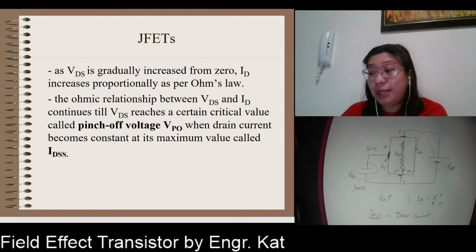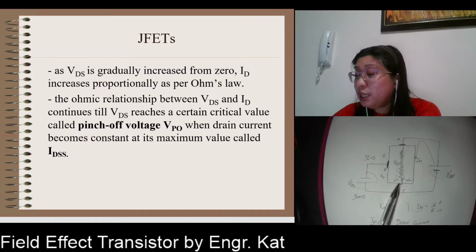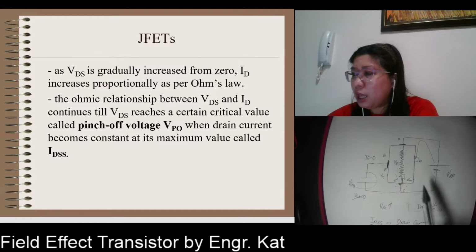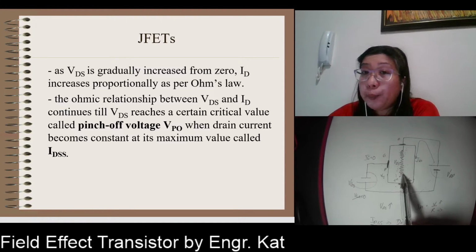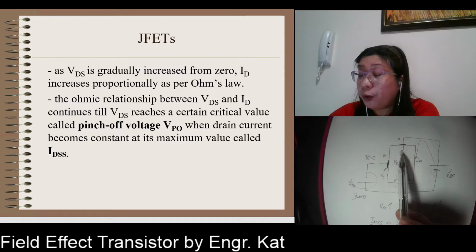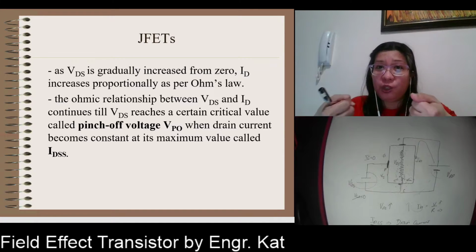Why? What happens inside your FET? A phenomenon occurs wherein your resistance here is being elongated. Of course, we cannot see this with our naked eye, but your resistance is somewhat being stretched. What happens when your wire is stretched?